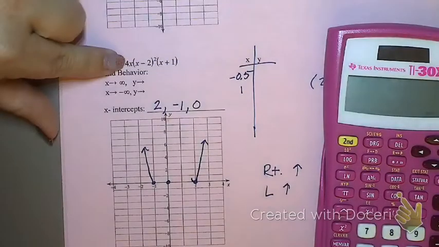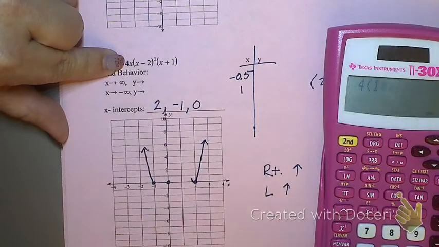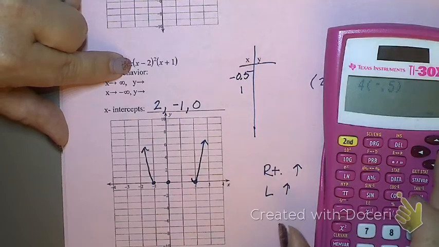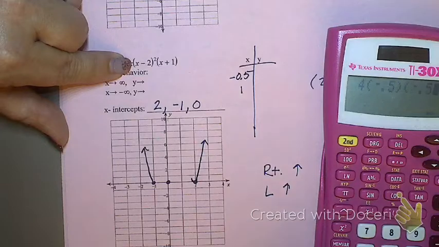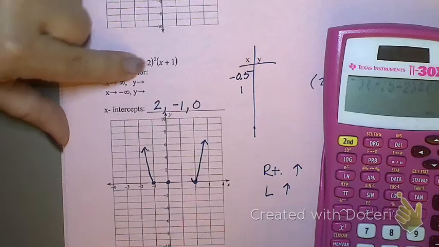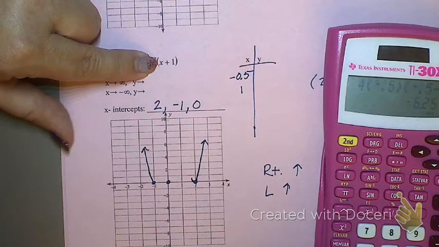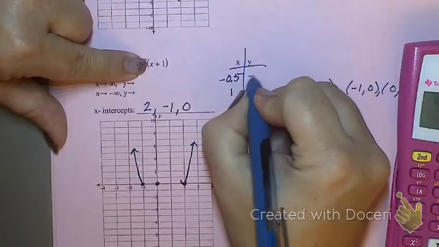So let's see. 4 times 1, or let me do the -0.5. -0.5, and then -0.5 minus 2 squared, and then -0.5 plus 1. -6.25.